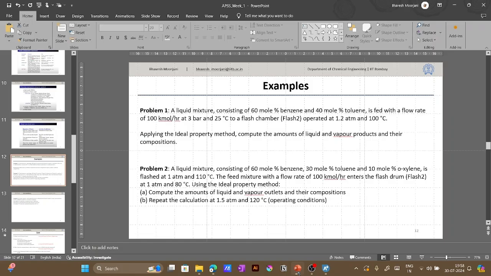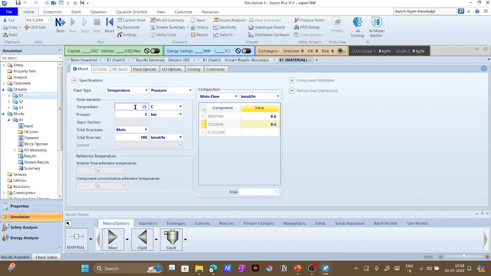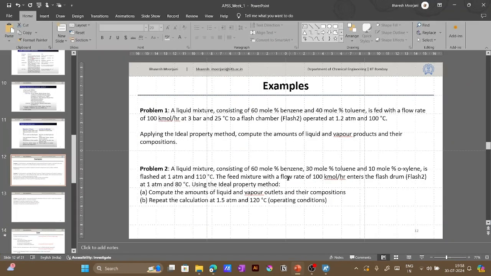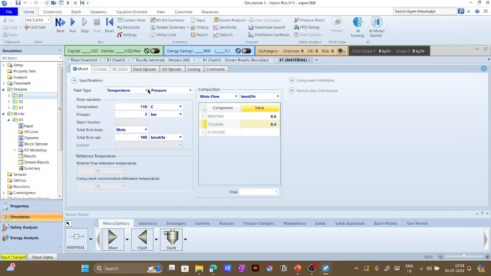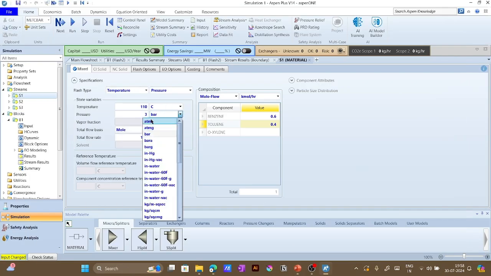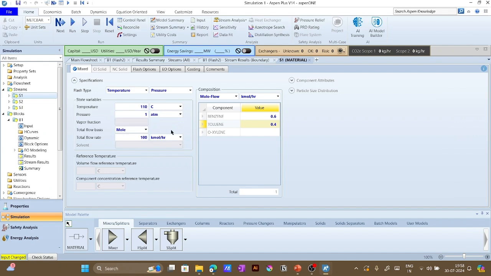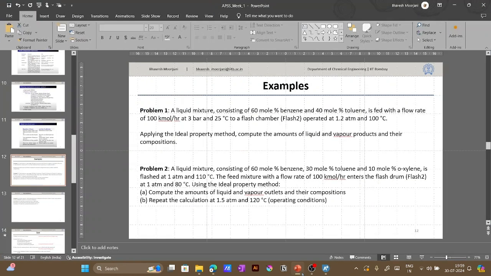So we have a mixture of benzene, toluene, xylene at 110 degrees centigrade and 1 atmosphere, with a flow rate of 100 kilomole per hour, and the mole fractions are 0.6, 0.3 and 0.1.